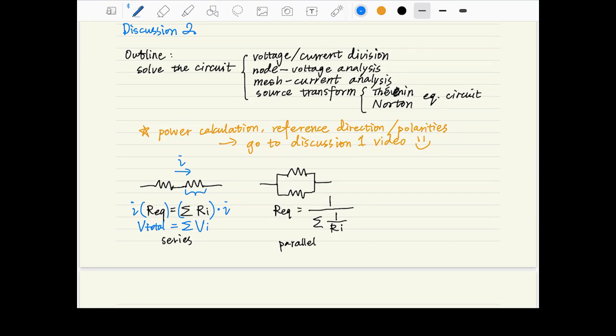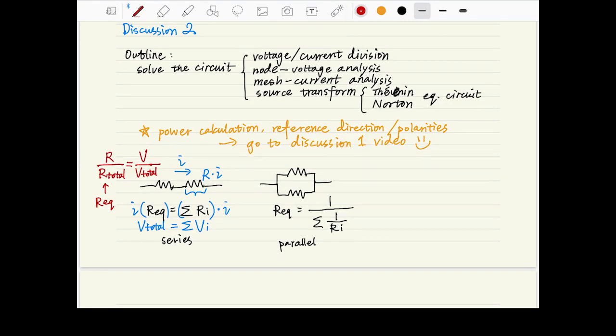To find the voltage across a specific element, let's say across the second resistance, the voltage on it will be this specific R times I, right? So that's how we get the voltage division equation: the ratio of the given resistance to the total resistance, which is the equivalent resistance of the whole series, is equal to the fraction of the total voltage. That's how we get this equation.